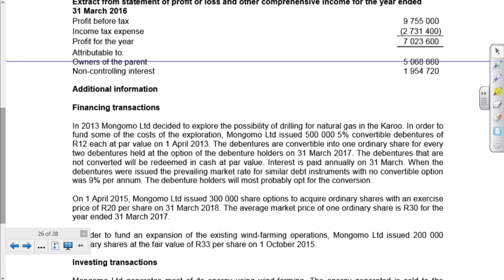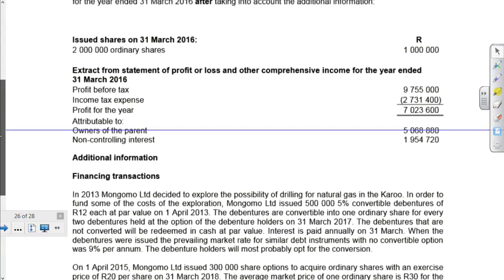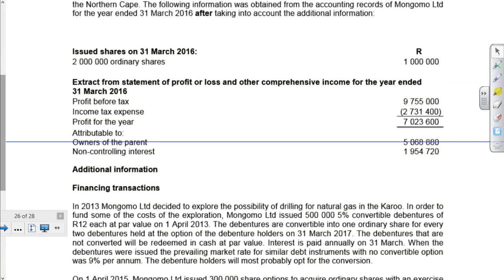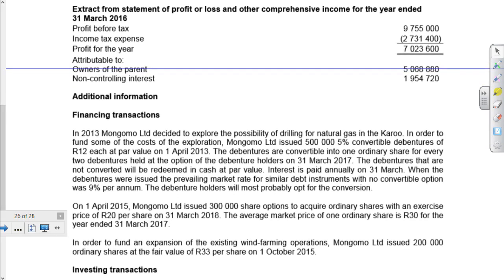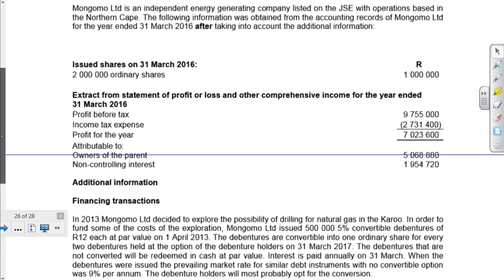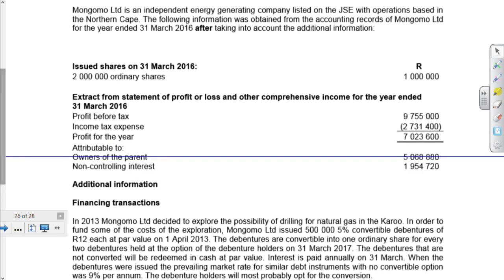We had this company that is looking to explore natural gas in the Karoo or something like that. And in order to fund wind farming, they issued 200,000 ordinary shares at 33 Rand a share on the 1st of October. And we had to work backwards, didn't we? Because we were given the number of shares as at March. Do you recall? And we had to weight it. But it was a very simple calc. Okay.